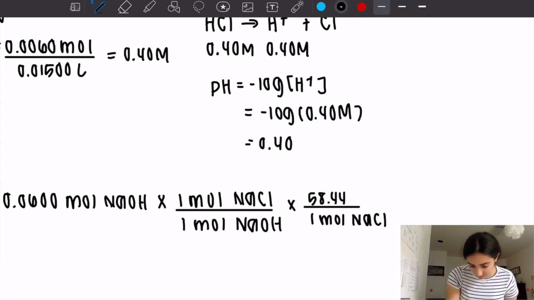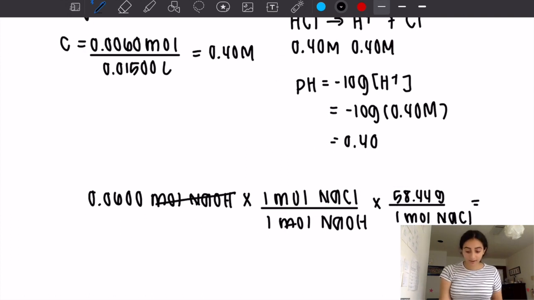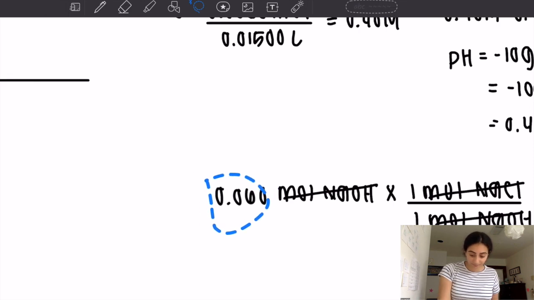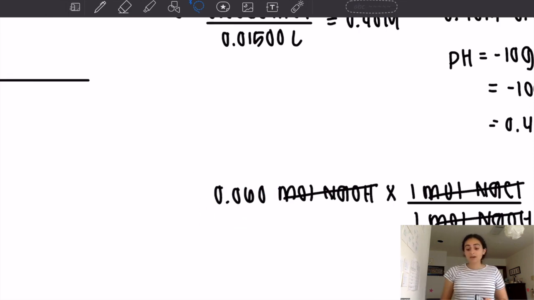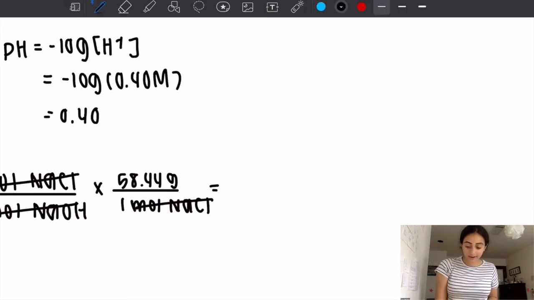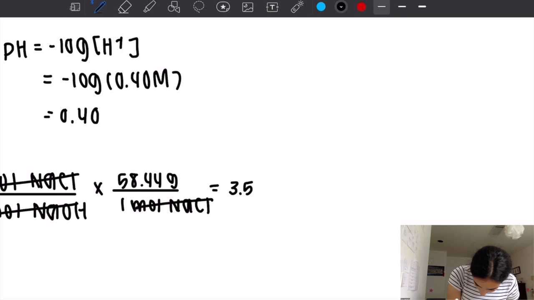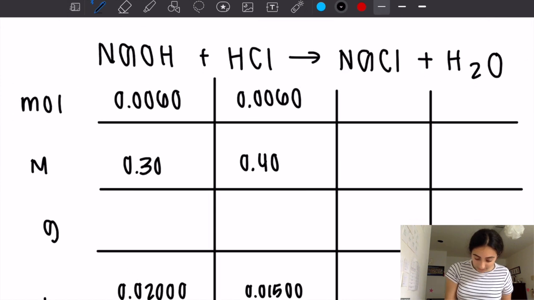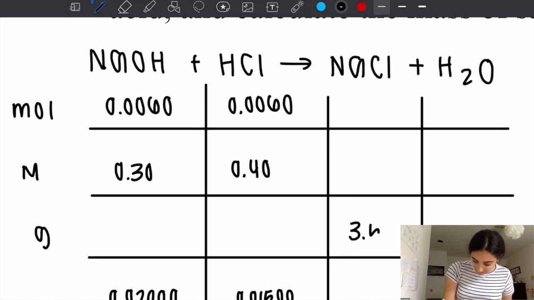Make that look a little bit more like a g. And then we have moles NaOH cancel out, and so do moles NaCl. I made a mistake. This has one too many zeros here. So I'm going to do 0.06 times 58.44, and I get 3.5 grams of NaCl. I'm going to write that in my table.